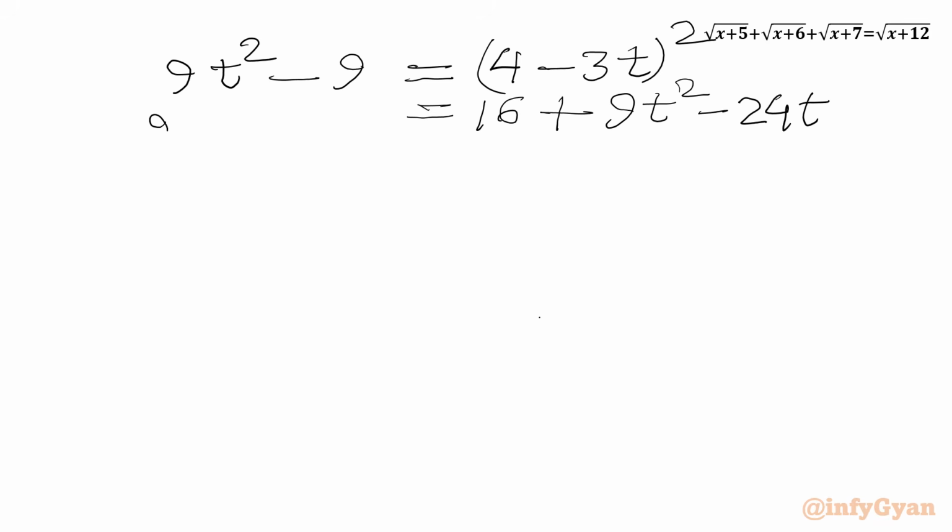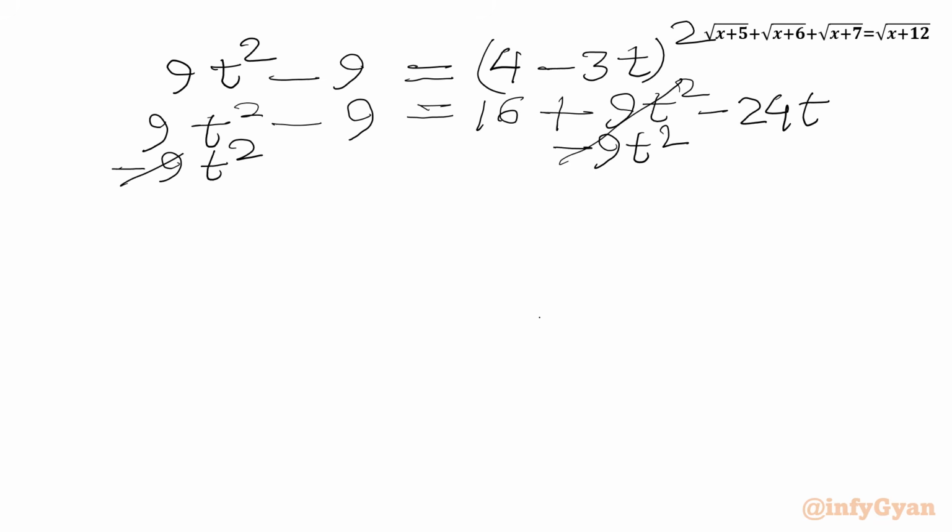In LHS we have 9t square minus 9. Now we can subtract 9t square from LHS and RHS. So 9t square will get over. We can write equation minus 9 equal to 16 minus 24t.